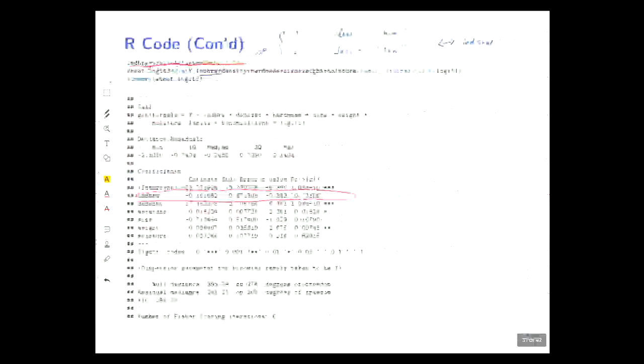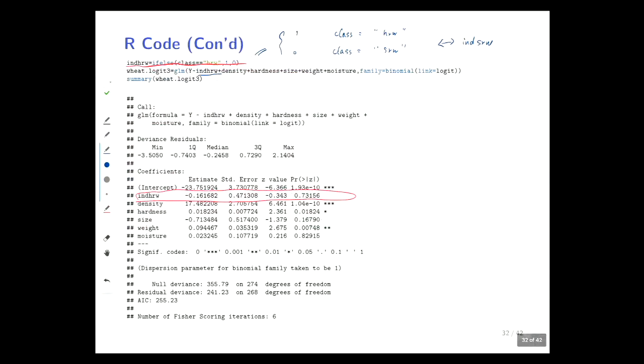So why do we have this result? Remember our regression model. Firstly, we have the relationship between these two indicator variables: INDHRW plus INDSRW equals 1, right?